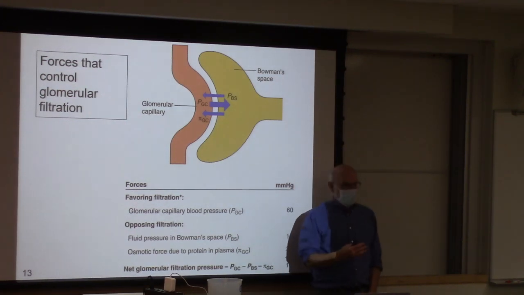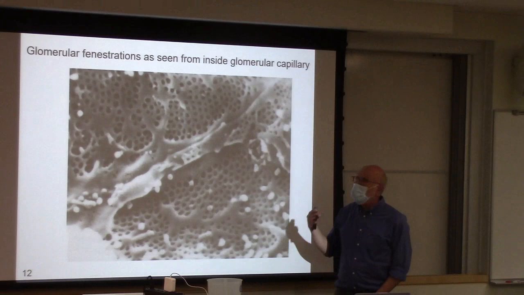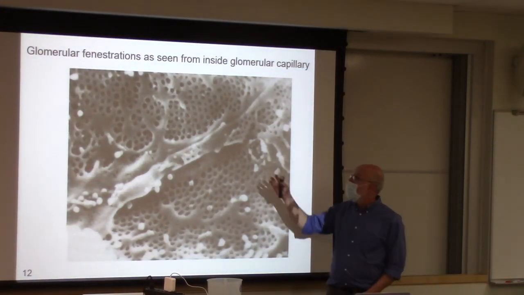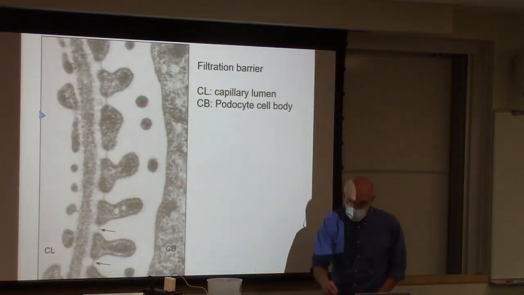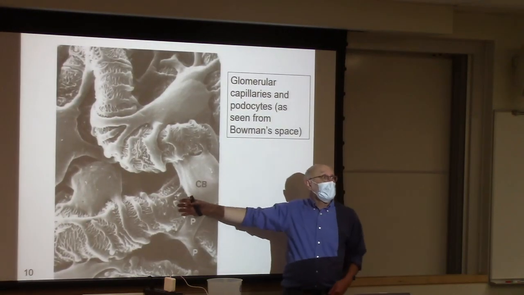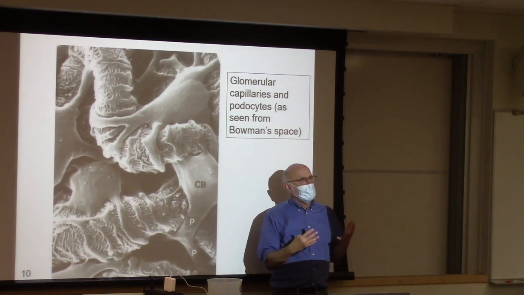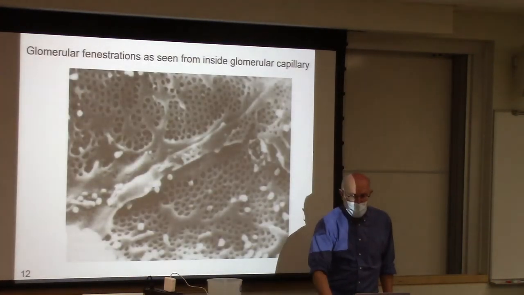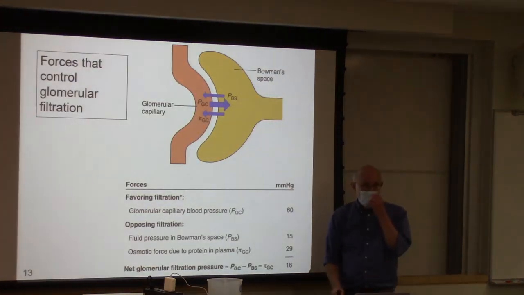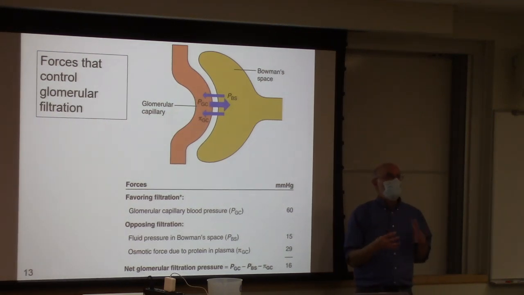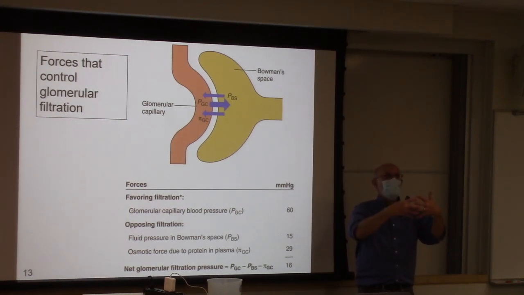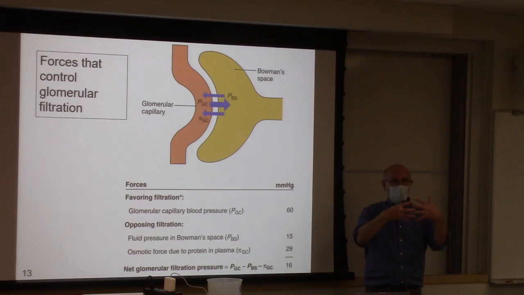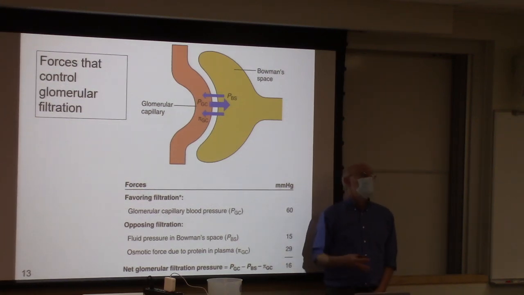What causes filtration? So I want to be clear. What allows filtration are the holes in the endothelium and the filtration slits. Those allow water to flow. But what forces water to flow is what we're talking about now. The fenestrae, the windows, the holes in the endothelium, and the filtration slits between the podocytes allow water to flow, but what forces water to flow is pressure.